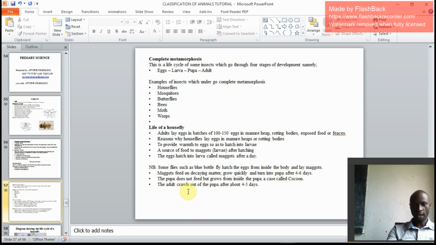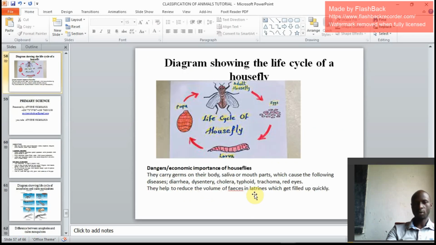Then we look at the adult. The adult will crawl out of the pupa after 4 to 5 days. This is the life cycle. We shall see an adult housefly, scientifically we call it imago. Then this one will lay eggs. Eggs will hatch into larva.